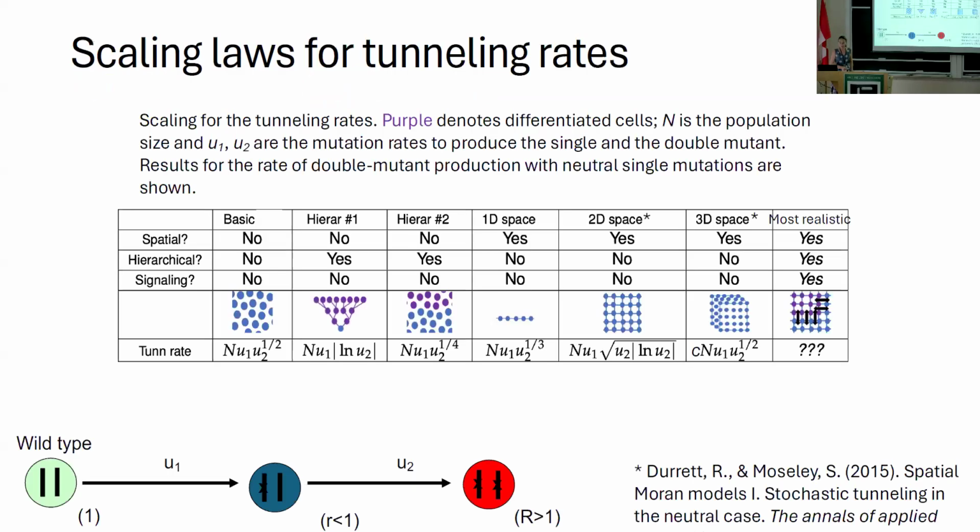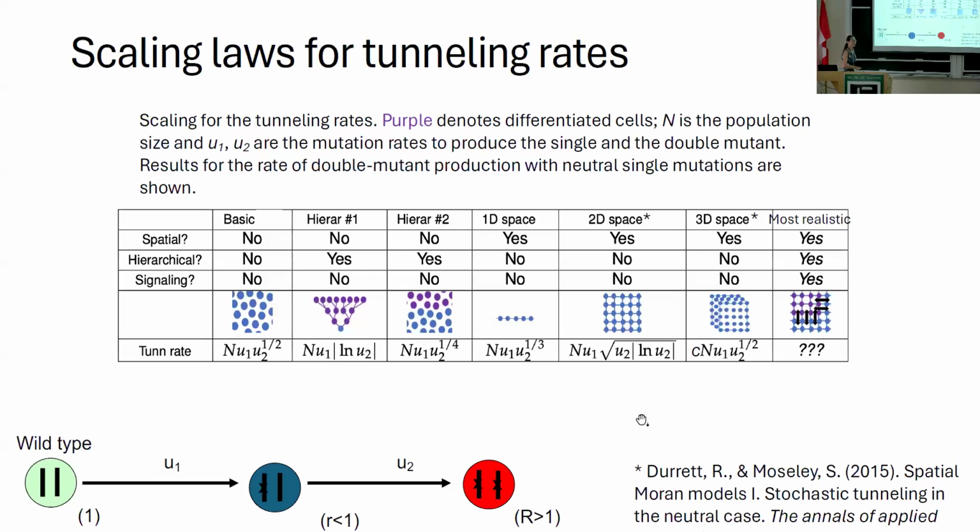So I already showed you some laws that we derived. This has to do with the rate of evolution as measured here. Remember, we did it in the basic Moran process, and for neutral intermediate mutants, we get a rate that is a square root. We added space, and that's a cube root. Rick Durrett did it in 2D and 3D. We added hierarchical structure.